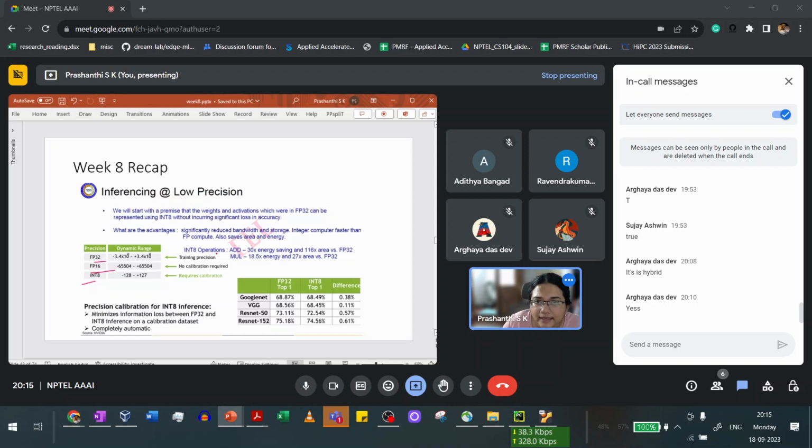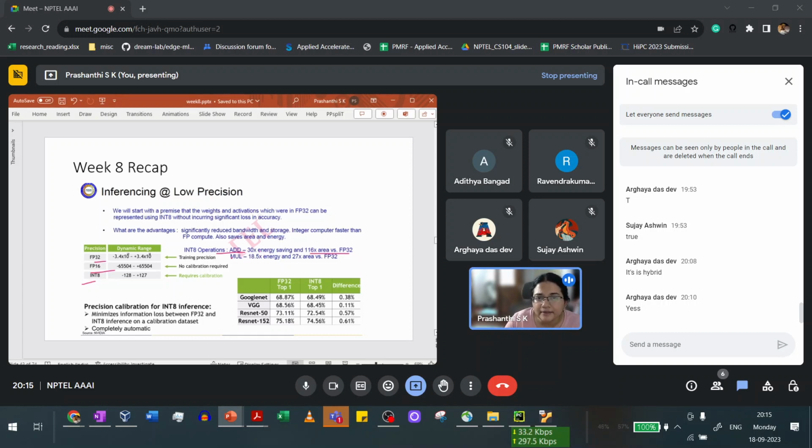For instance, an integer add operation results in a 30x energy saving and a 116x area saving. I don't remember what the area is about, but I'm assuming it's the chip area itself, for your floating point hardware versus your integer hardware. So if you could do away with your floating point hardware unit entirely, you would save on this much area and also power and energy.